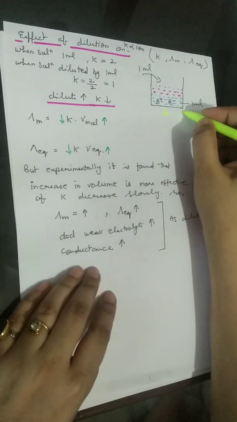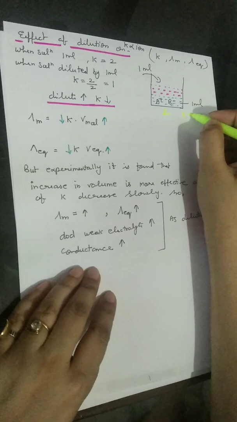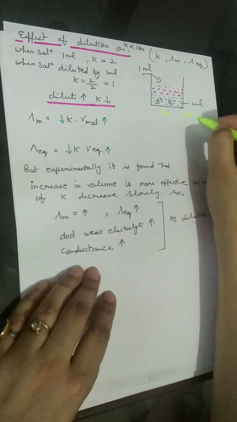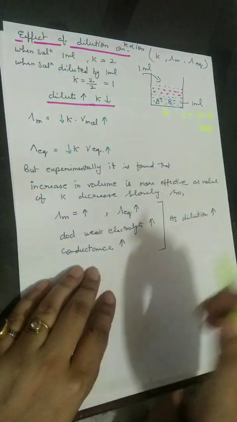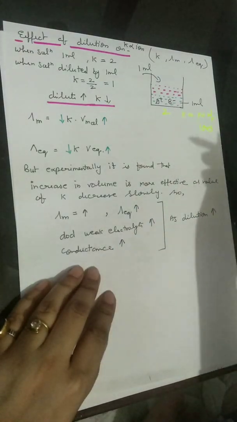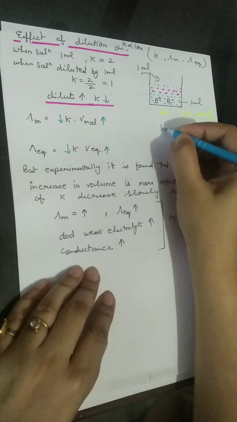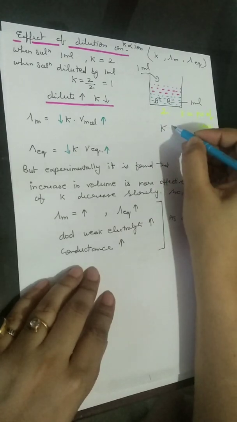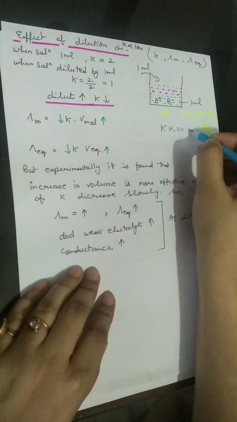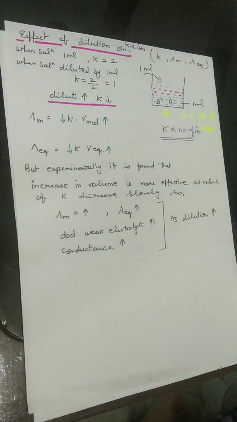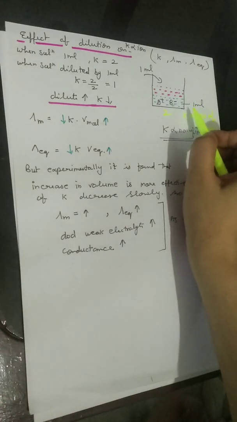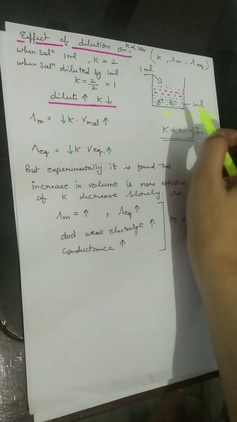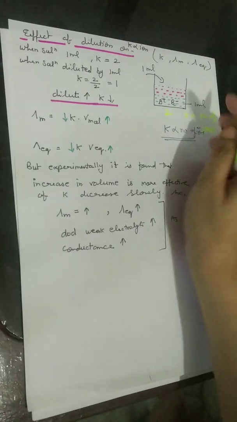The value of kappa is directly proportional to the number of ions. Earlier, in 1 ml of solution 2 ions were present, so the value of kappa was 2.